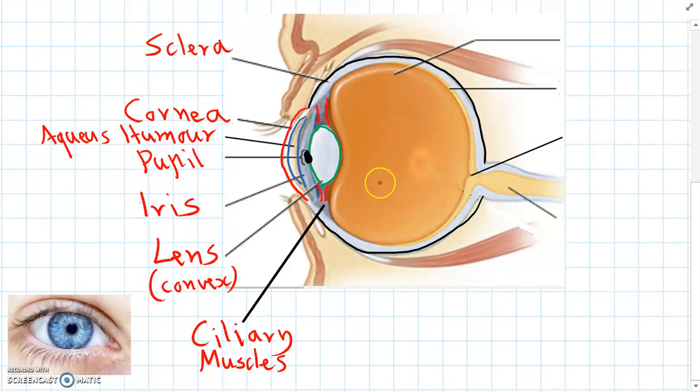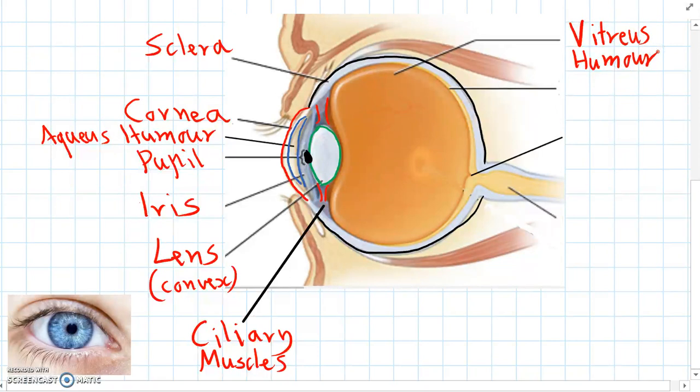Then on the inside of the sclera is completely full of liquid, all in this orange area in here. And this liquid is called the vitreous humor. And that liquid keeps the eyeball as a solid round shape, so it doesn't collapse and become smaller.